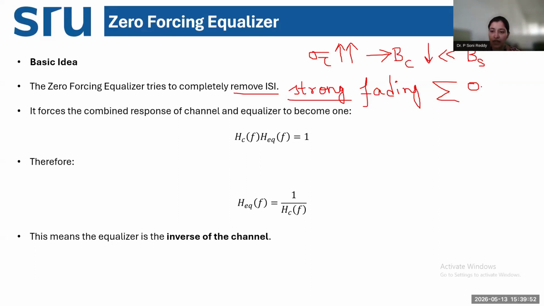When the phase is nearly equal to 180 degrees or pi, the signals cancel each other.